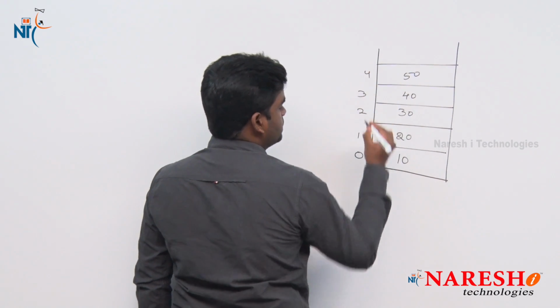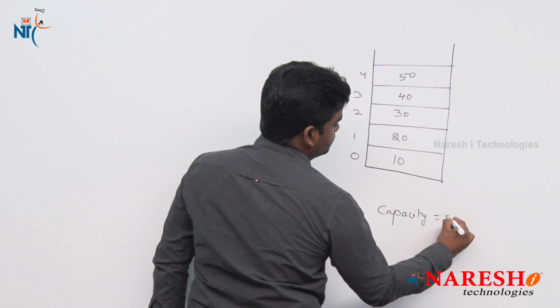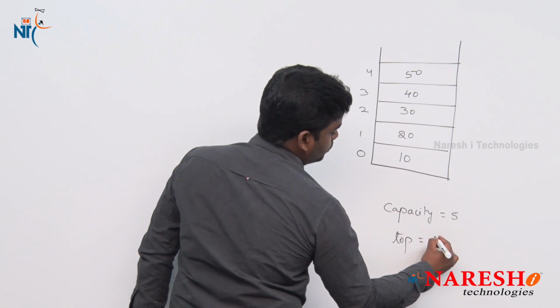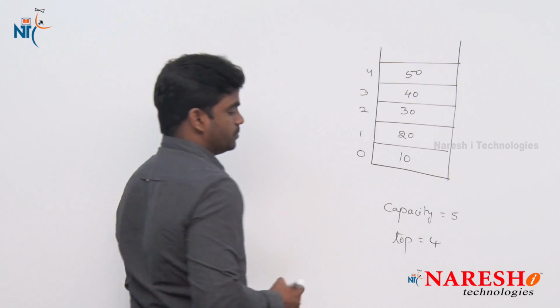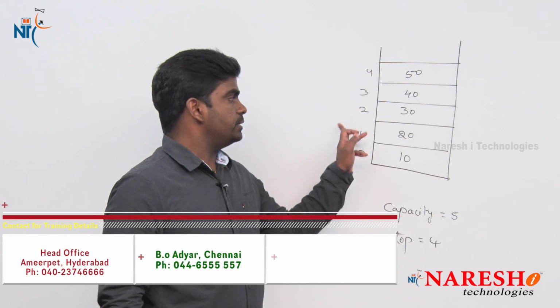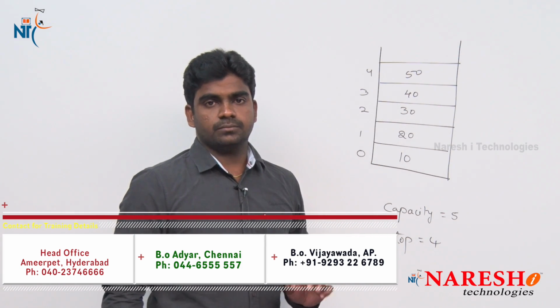We know that capacity is 5 and top is pointing to 4. Initially top was pointing to 0, next 1, 2, 3, 4. Now top is pointing to 4.